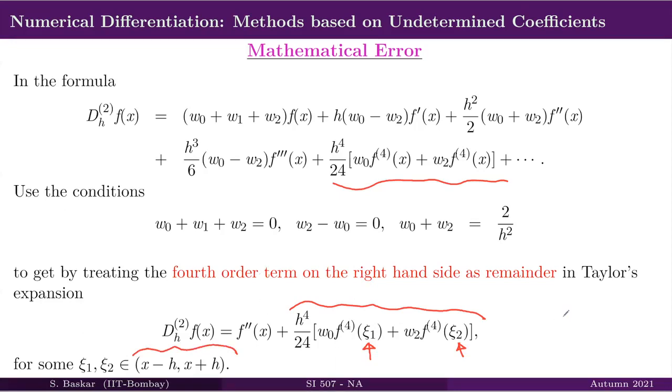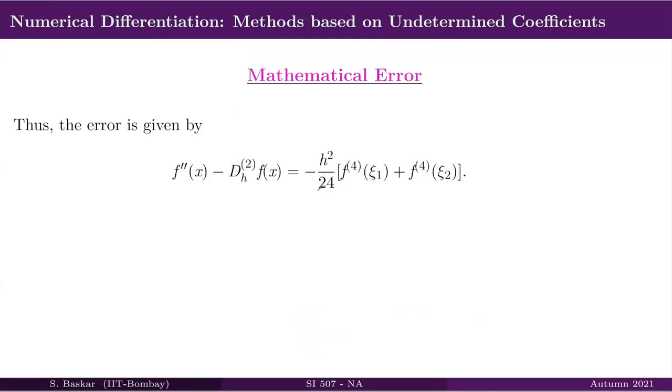Well, you can clearly see that the mathematical error by definition is nothing but the exact value, which is f double dash of x, minus the approximate value, for which we have used the notation dh2 f of x, and that is given by minus h square by 24, right?